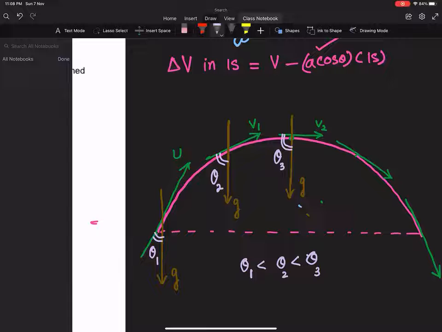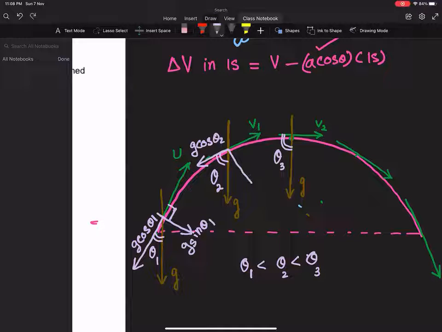Now, if we resolve the acceleration with the velocity, what will we get? This component of the acceleration is g cos, say, theta 1. This component that is perpendicular, it will have no impact. It is g sine theta 1. And now if we resolve it here, the angle is bigger. So this is g cos theta 2, and this is g sine theta 2.